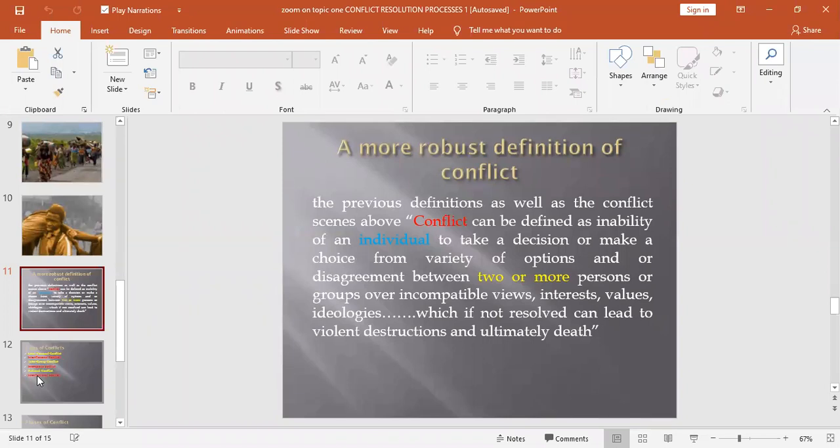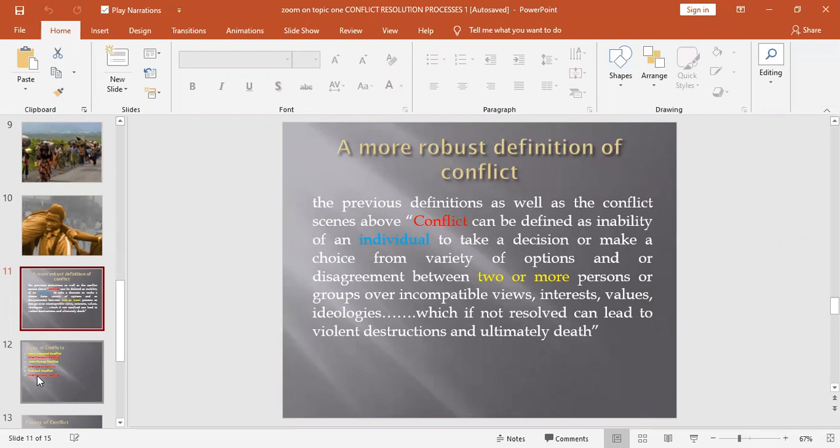So you can see from my definition, I've been able to address conflict affecting an individual and conflict affecting two or more persons. I've been able to identify the causes of conflict, which are incompatible views, interests, values, and ideologies. I've also been able to address the consequences of conflict, which is violent destruction and ultimately death, amongst others.